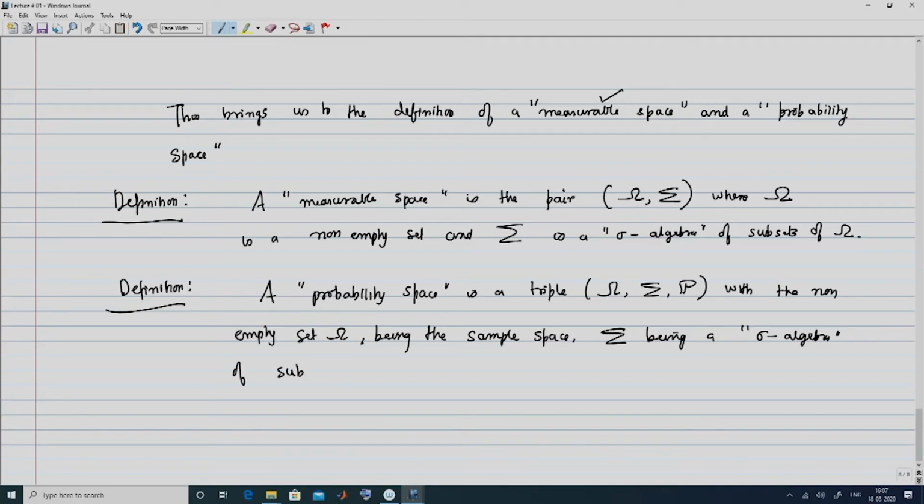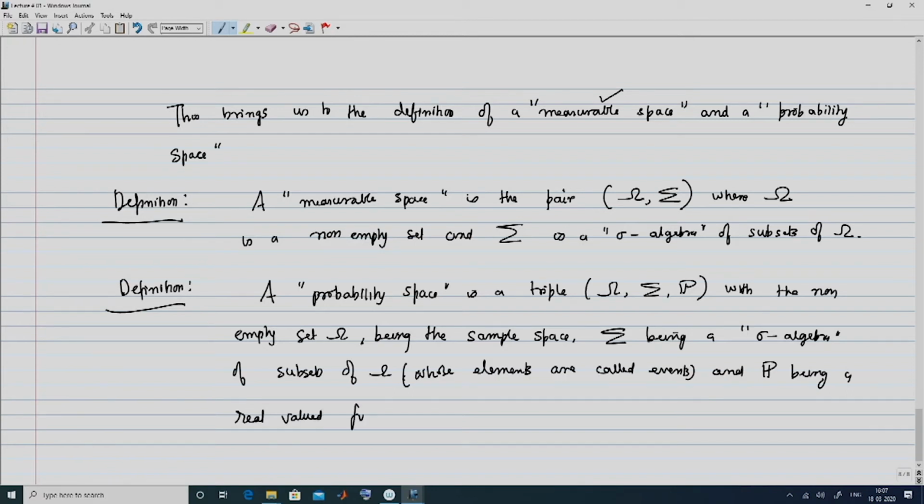of subsets of omega whose elements are called events, and P being a real valued function defined on sigma and called a probability measure.